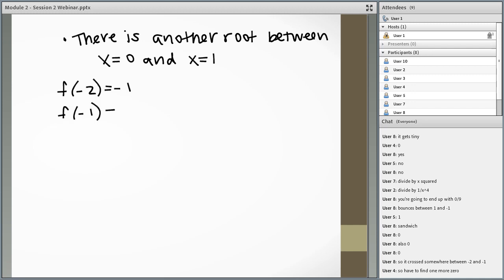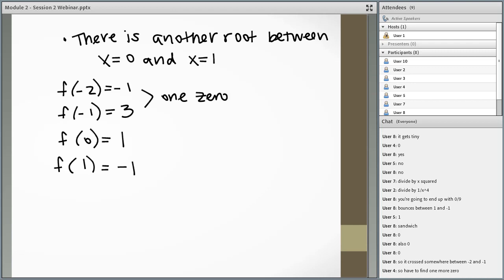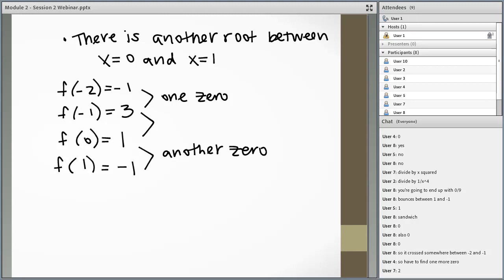We found f of negative 1 is 3. We found f of 0 is 1. And f of 1 is negative 1. So from here to here there was 1 zero. From here to here, nothing happened. But from here to here there was another 0. Are there any other points that we have left to check? Good, 2. Sorry, they're the same. I keep using zero, though.